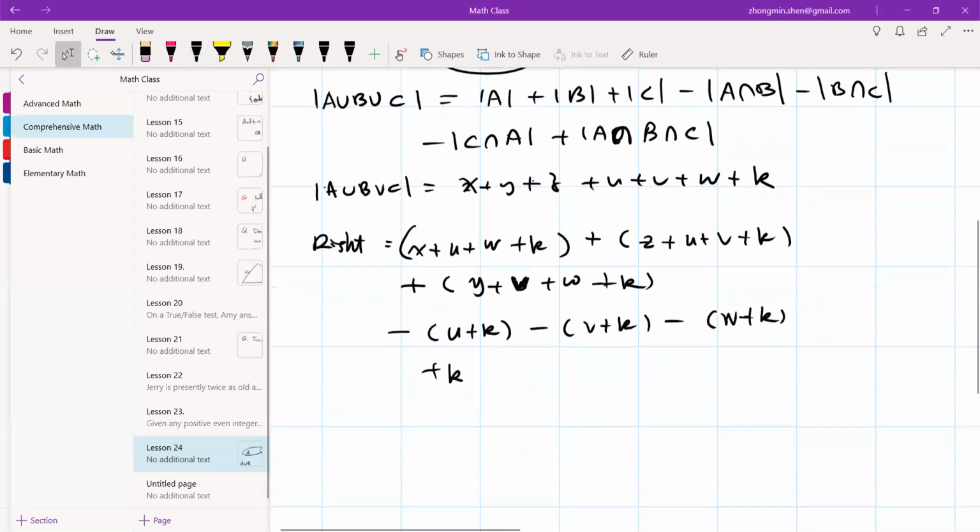We can use that to count some numbers. So here's the question.